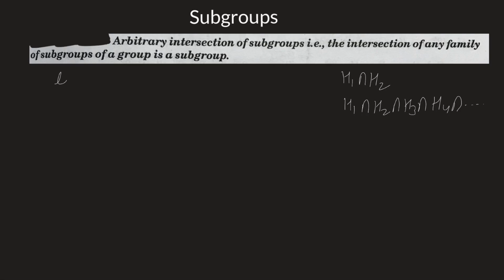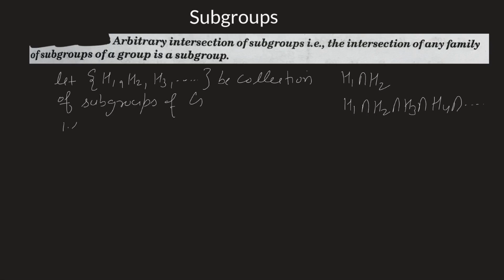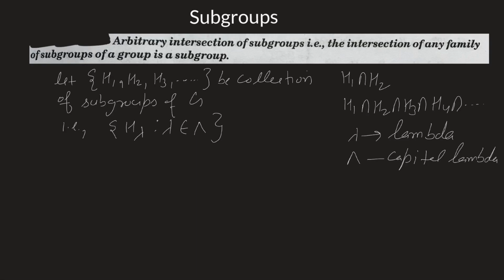So I am again writing: let H1, H2, H3 and so on be a collection of subgroups of G. In compact form I am representing it as H lambda, where lambda belongs to capital lambda, and here capital lambda is the indexing set.